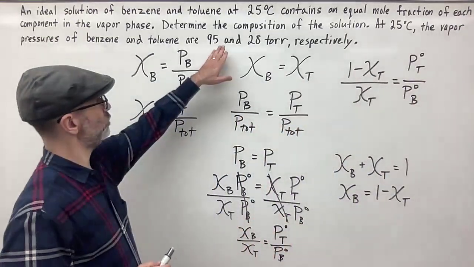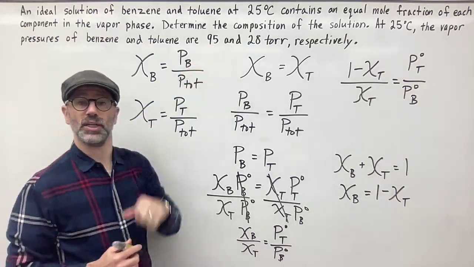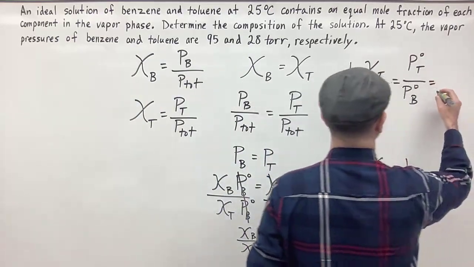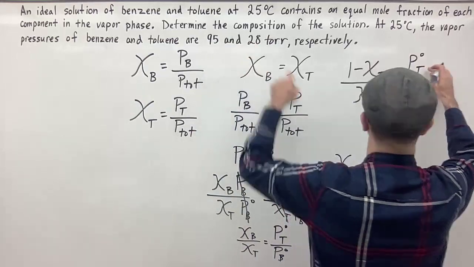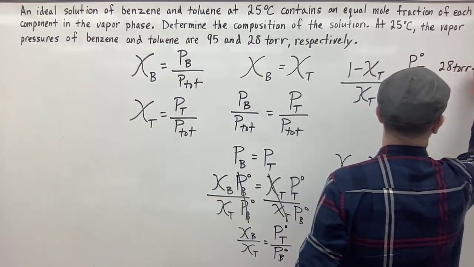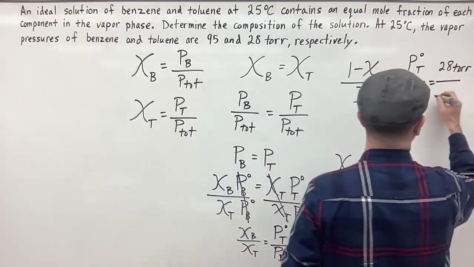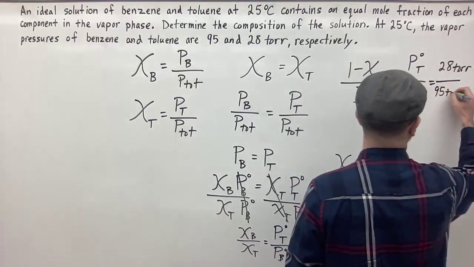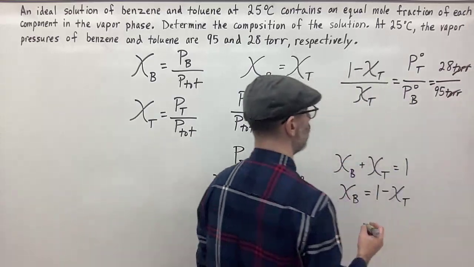But I know those, so benzene is 95, toluene is 28, so I can substitute those in. So that's going to be equal to toluene is going to be 28 torr, and benzene is going to be 95 torr. And of course, the torrs are going to cancel out.